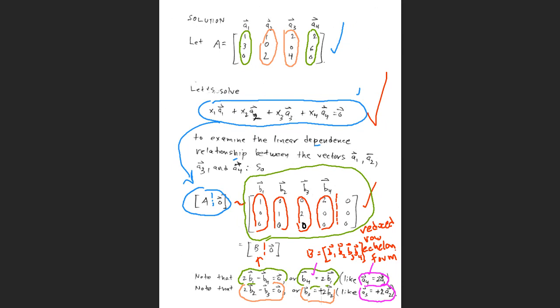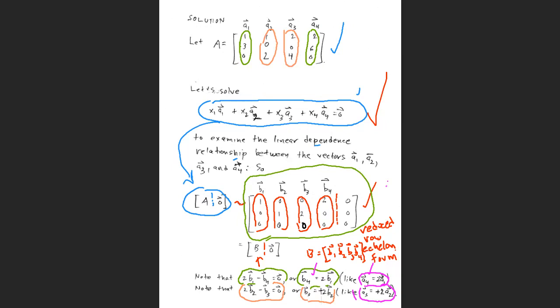So vector A4 depends on vector A1, and vector A3 depends on vector A2. In other words, if you know what vector A1 is, you know what vector A4 is.